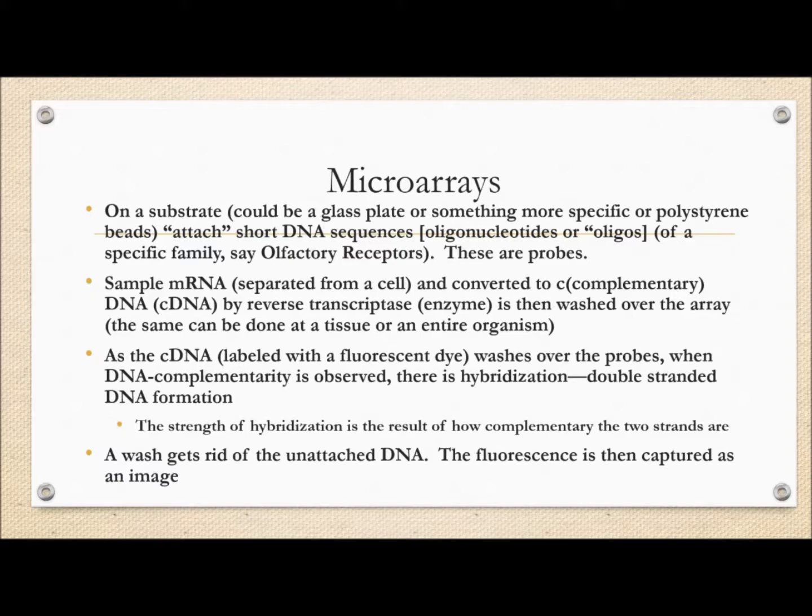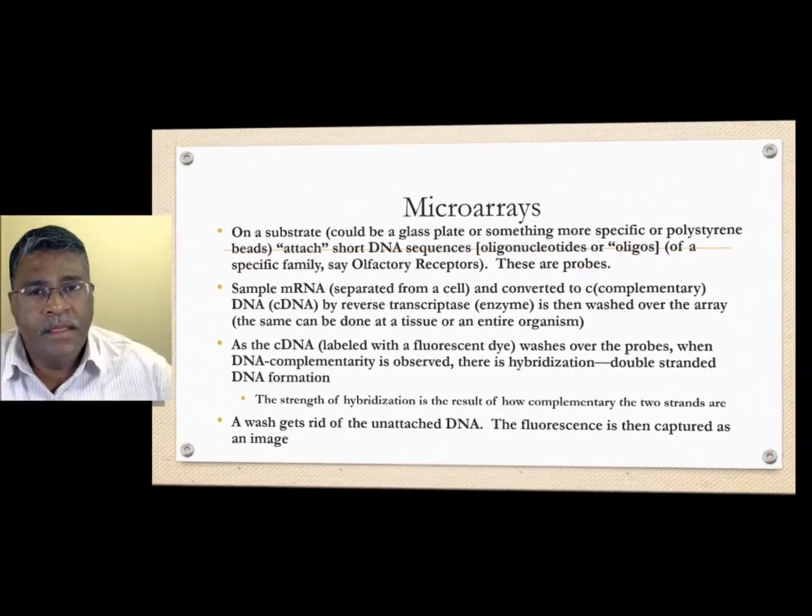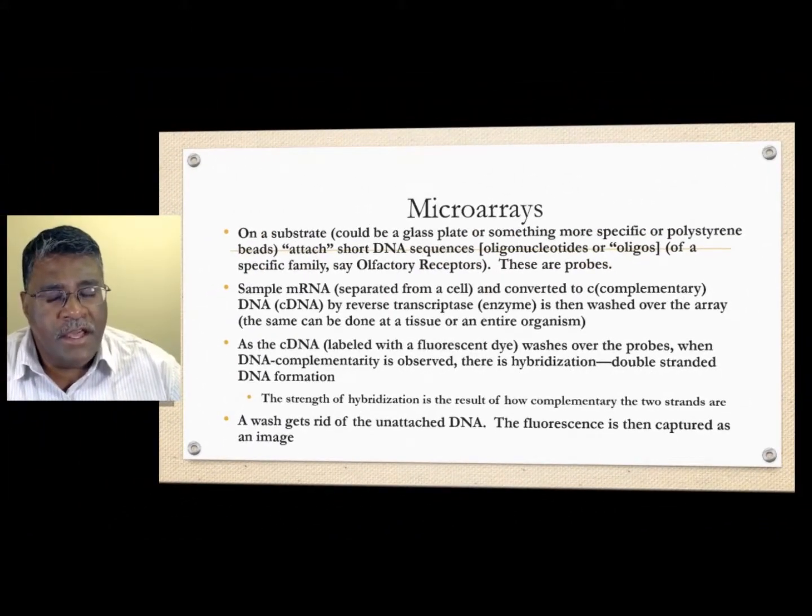And the same can be done at the tissue level, an entire organism. So you could have 100,000 of these probes, and then you could extract mRNA, convert it to complementary DNA, and wash it over the probes. Whenever your cDNA found complementarity with the probes, they would form a double-stranded DNA.